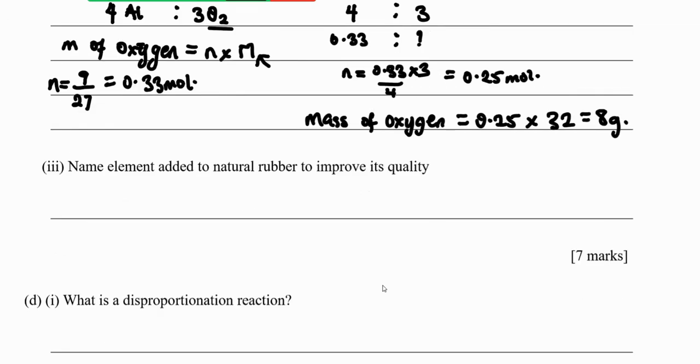Now the next question says, name the element added to natural rubber to improve its quality. That element is sulfur.